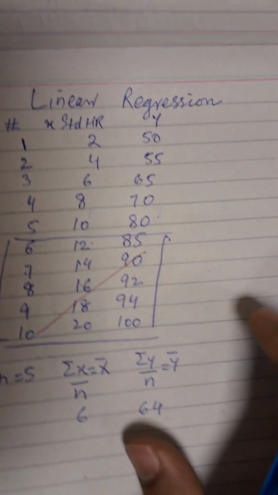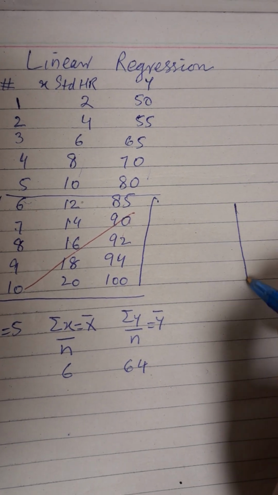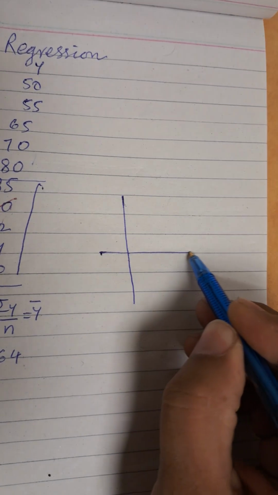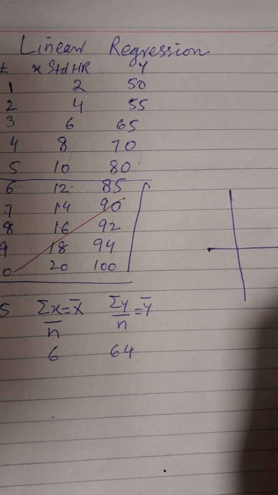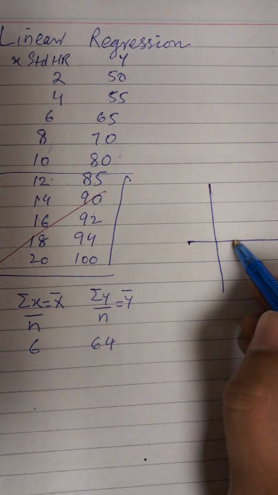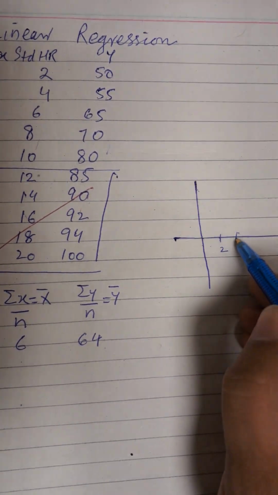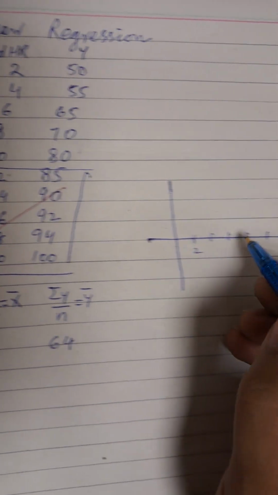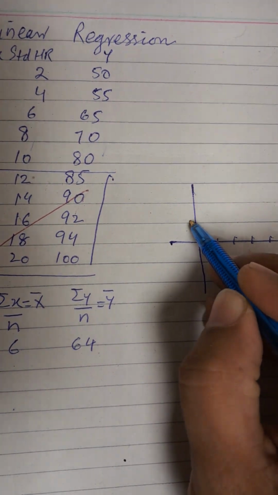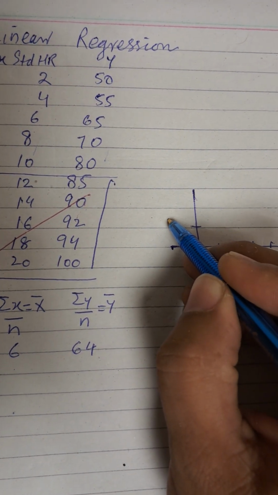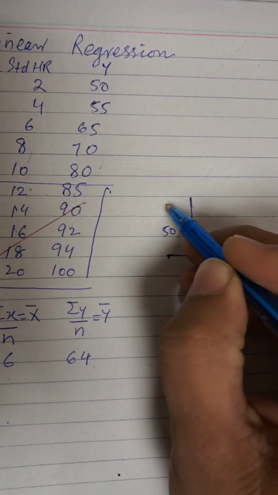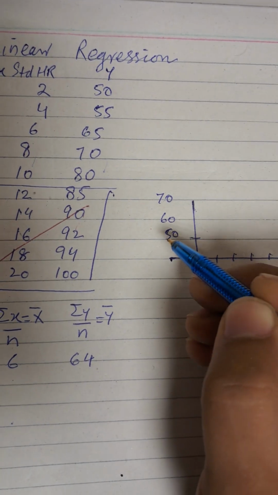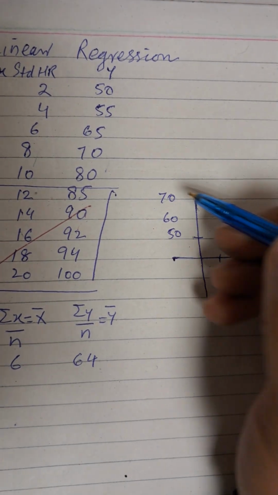So if we plot the same data, and if we consider that the student was studying 2 hours, 4 hours, 6 hours, 8 hours, 10 hours, and so on, and he was scoring 50, 60, 70, and because the largest value is 80, I would include that as well.